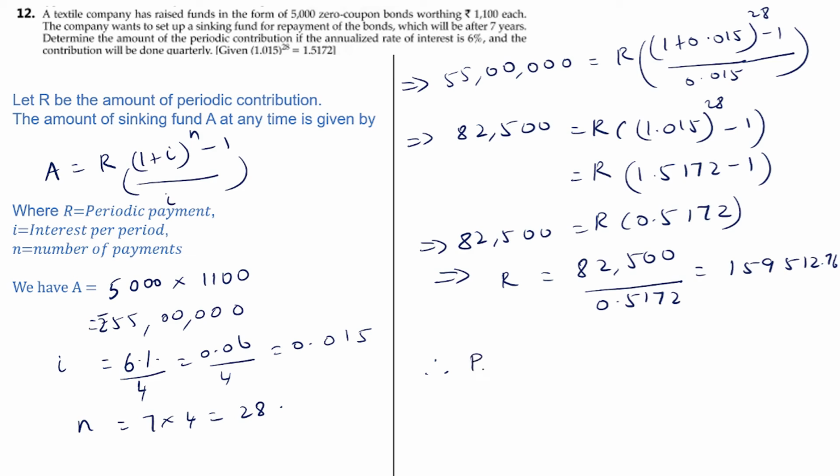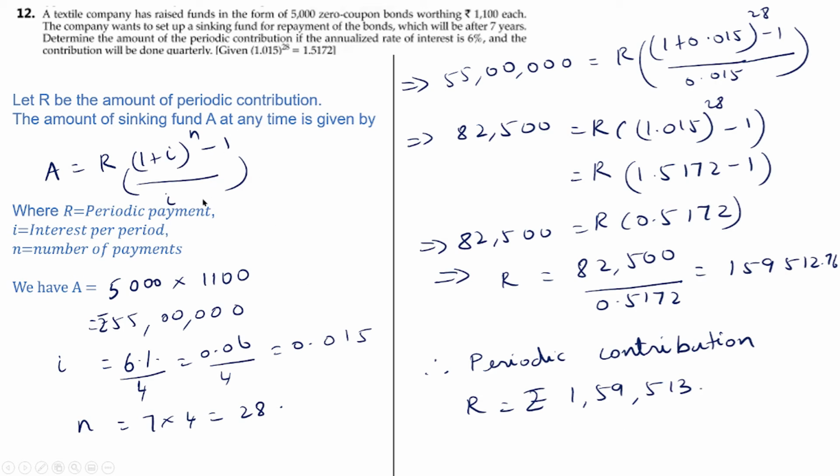Therefore, periodic contribution R is equal to rupees 1,59,513, approximately.